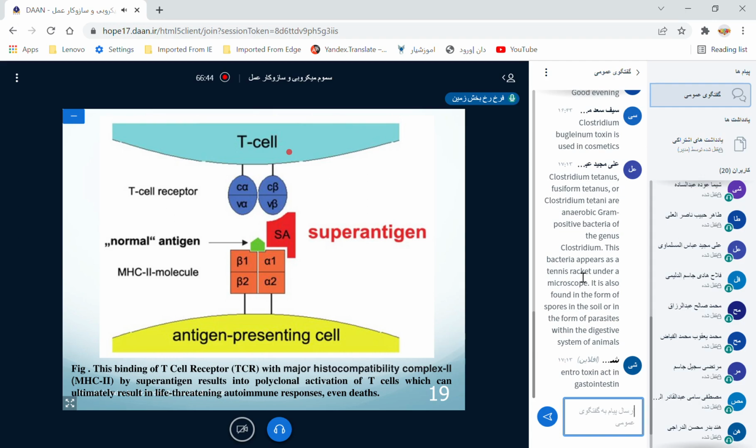This much activity is not good, and it goes through the autoimmune response, meaning the immune system attacks the host cells. The autoimmune system attacks the human cells. So it is not good.